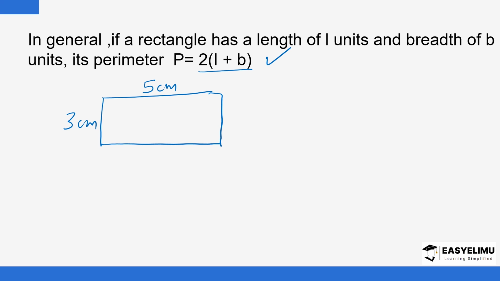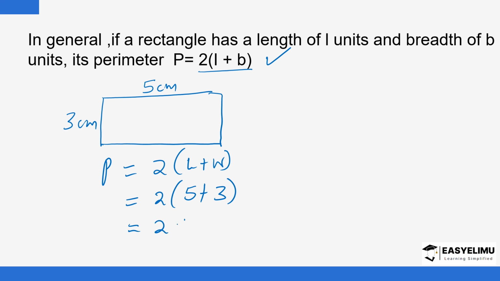So how does it apply? The perimeter is given by twice the length plus width or breadth. So 2 into length plus width. Length is 5 and the width or the breadth here is 3. So you have now 2 times 8, which is going to be 16 centimeters.